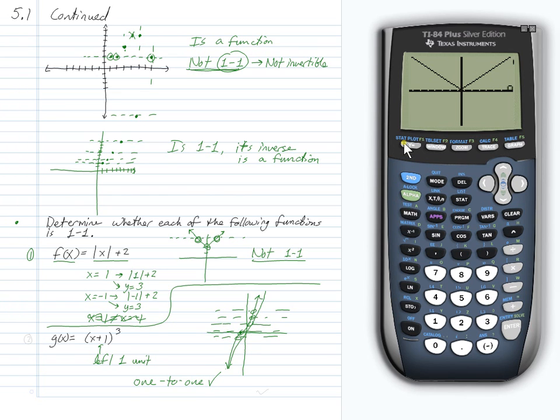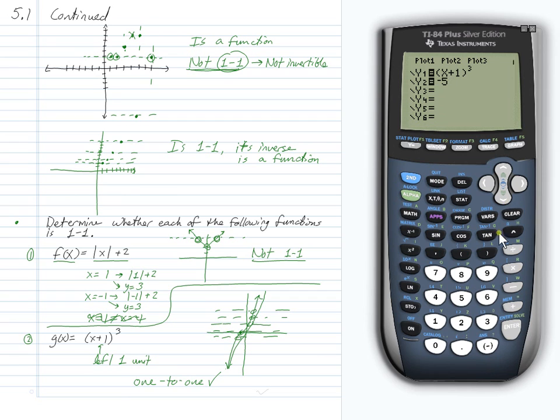Then if we go back and we plug in our second function, g of x equals (x plus 1) cubed, and hit enter. Alright, now our graph is replaced by something similar to what we graphed by hand, and we can again apply the horizontal line test and see that this function is in fact one-to-one.